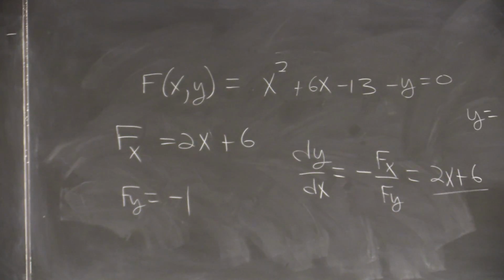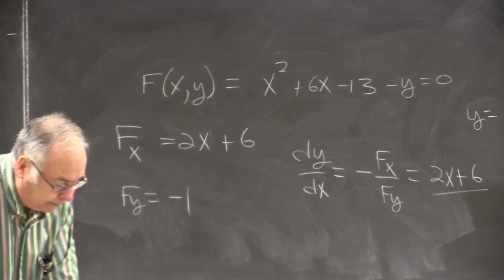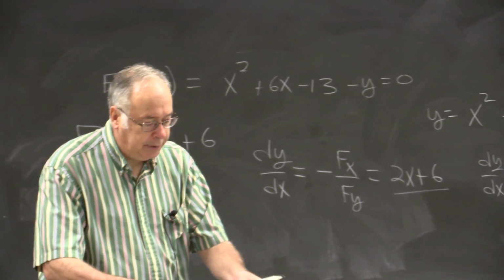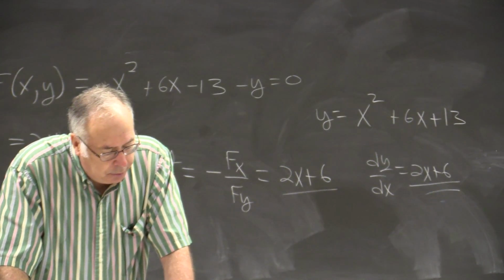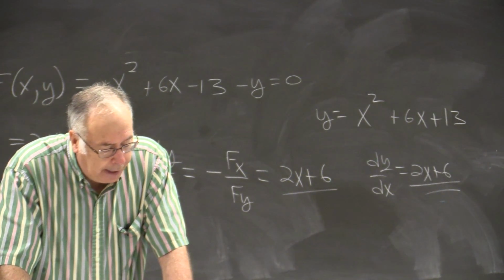Now, in more complicated problems, you are not going to be able to get dy dx this way. For example, look in the book, in the same section, same page. Let's try to do problem 2a.